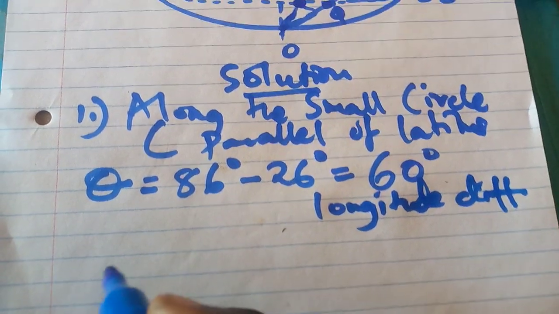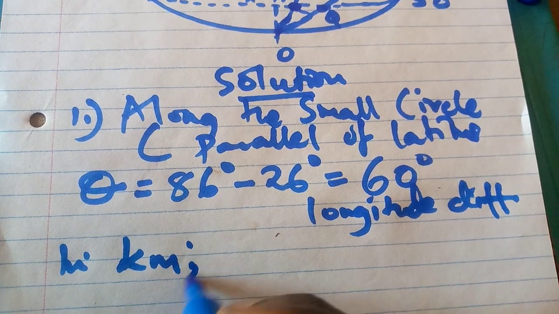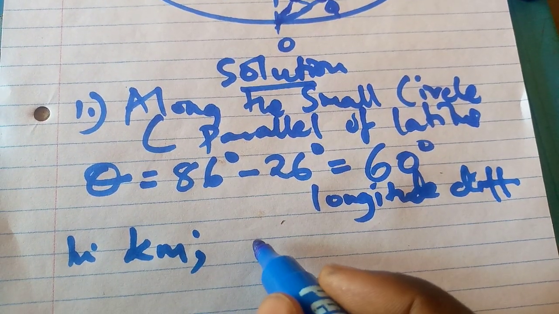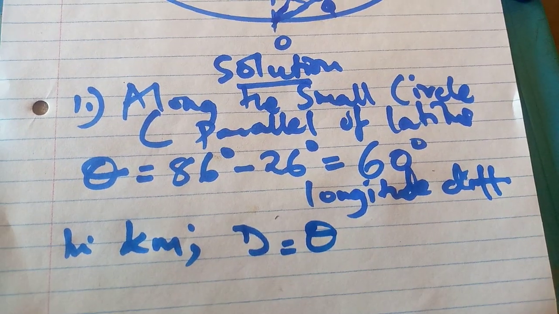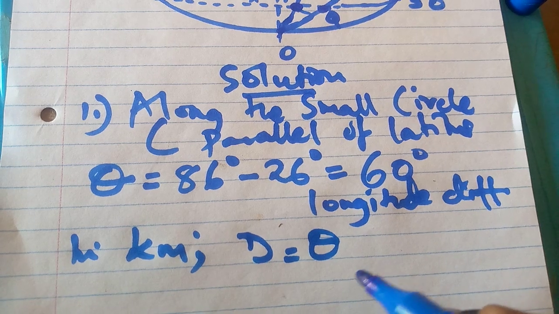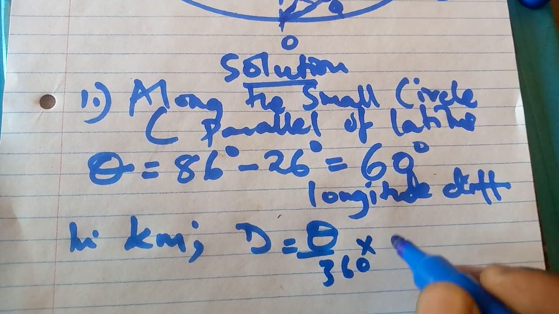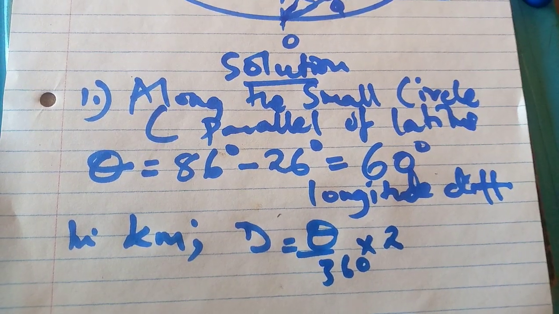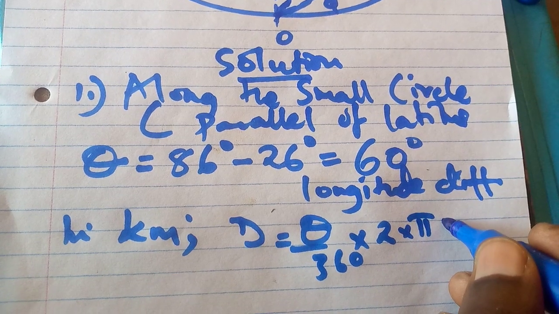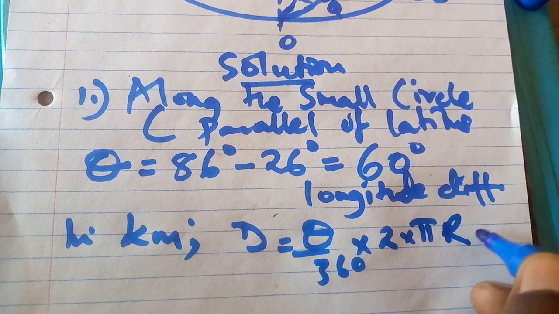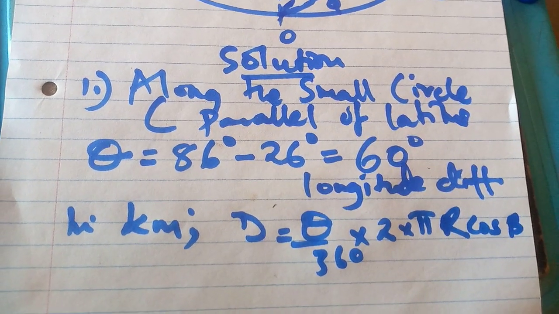So to calculate my distance in kilometers, I'm going to use the formula. The distance is given by theta, which is the angle of longitude difference, over 360 times 2 times pi times r, the cosine of latitude.